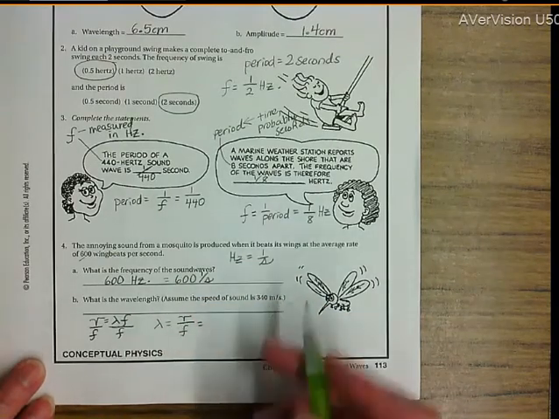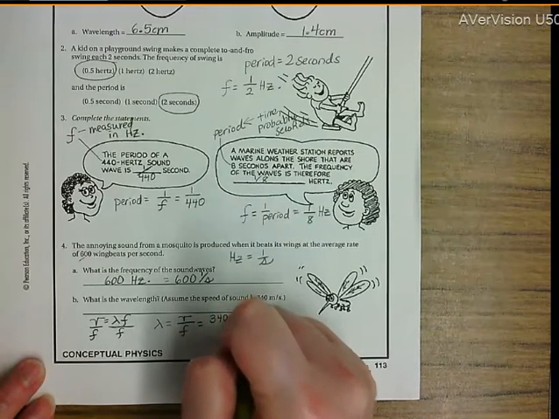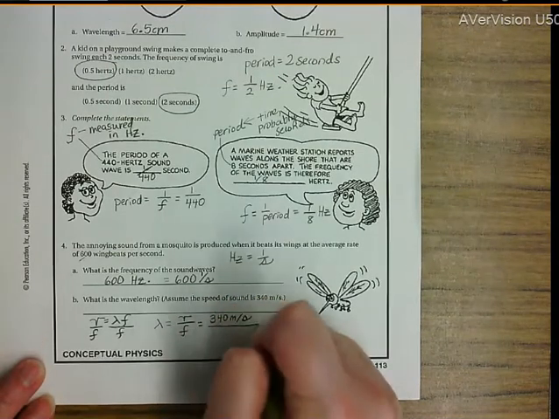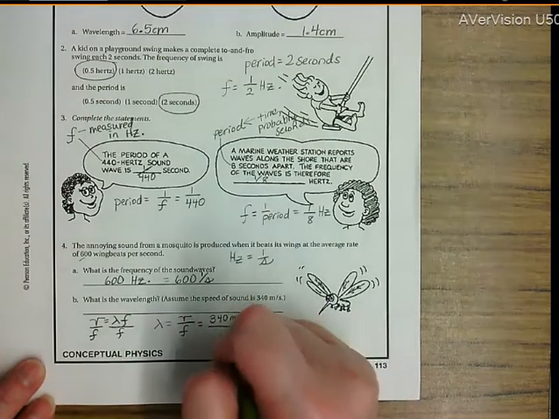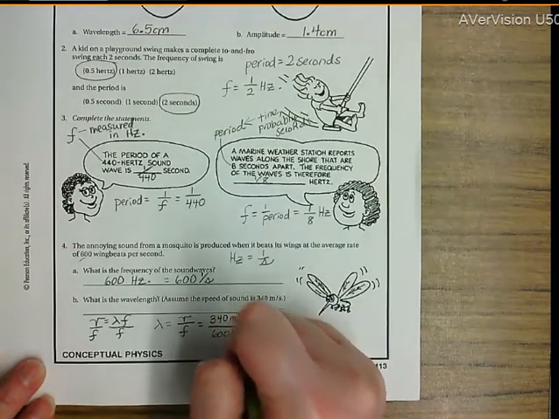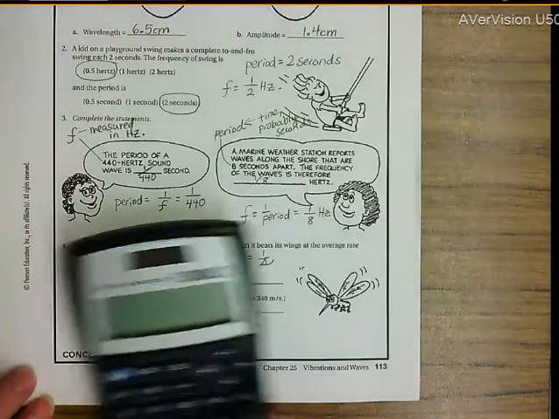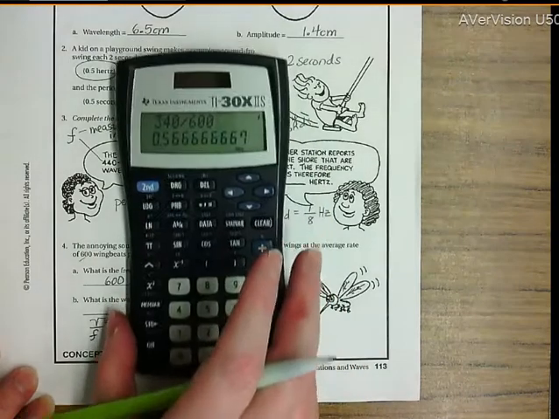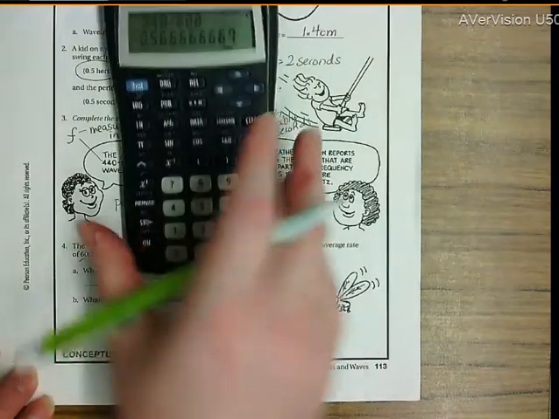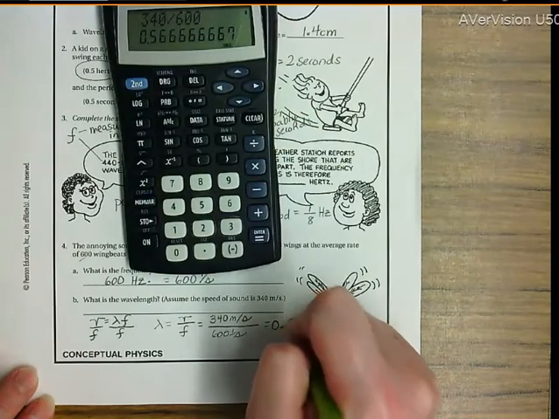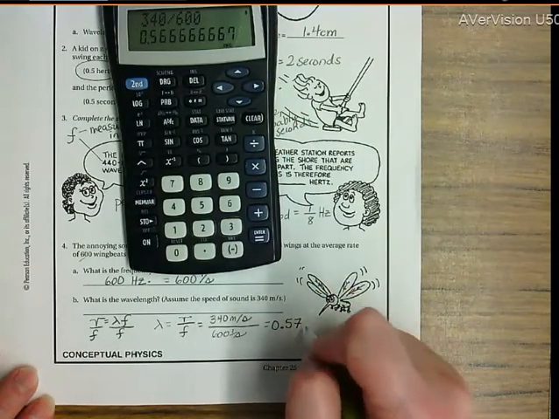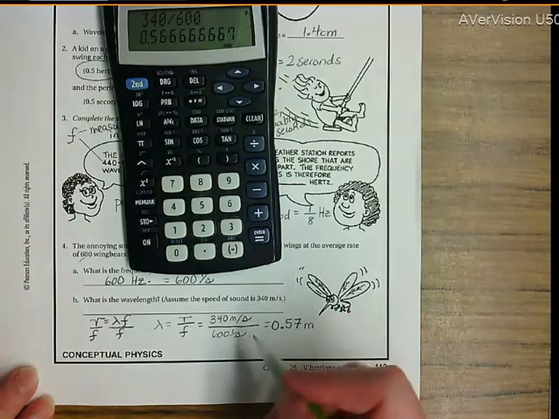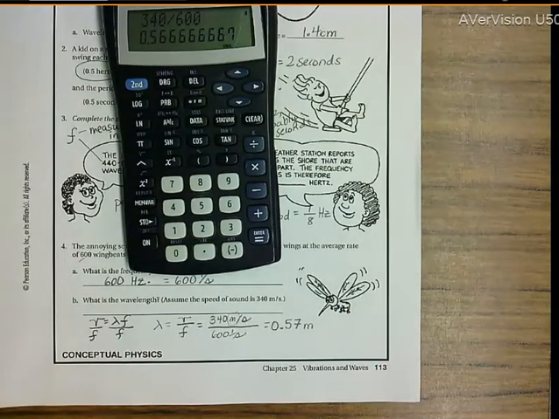So the speed of sound, they said, was 340 meters per second. The frequency is 600, 1 over seconds. So we're going to do 340 divided by 600. And we'll use 2 decimal places, so we'll call it 0.57, and it's going to be meters because that is the unit of distance that we have here.